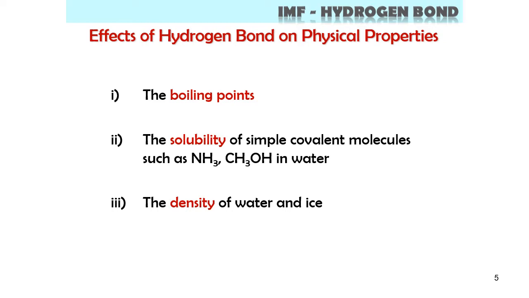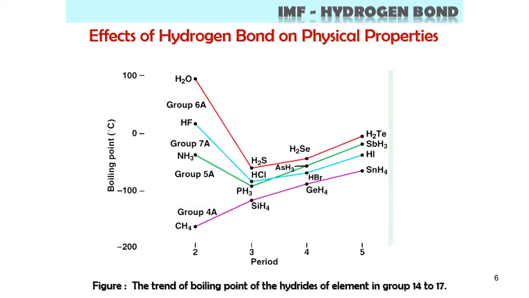The effects of hydrogen bond on physical properties: it will affect boiling point, solubility and density. Let's look at this trend of boiling point of hydrides for elements from group 14 to 17. So the purple line here, you can see, is the trend for group 14. So you can see generally all the trends increase.